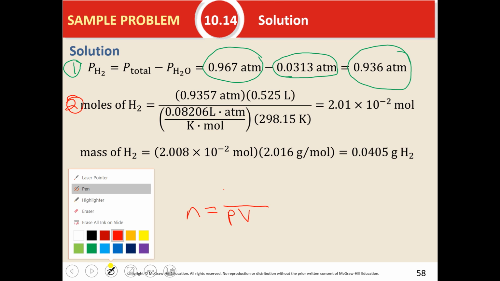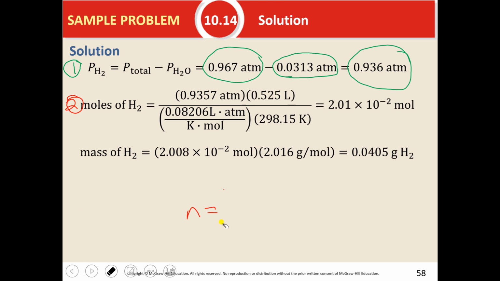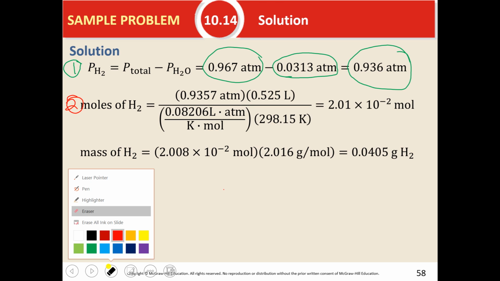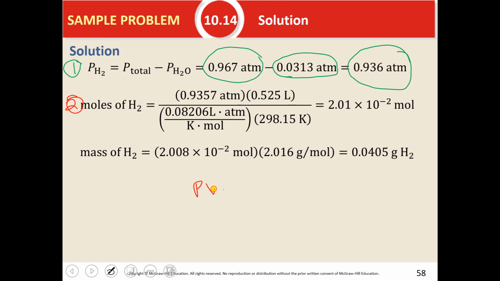I just totally wrote this backwards. Sorry, guys. This is why I don't like to skip steps. So what we get is n equals PV over RT.